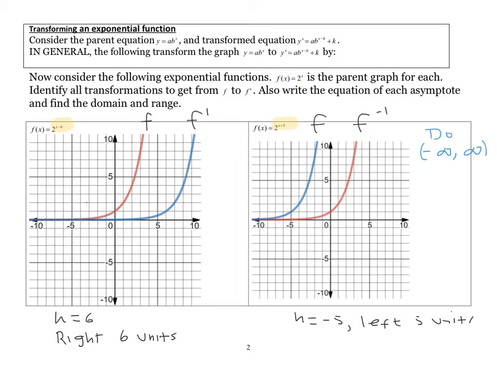And for the range, for both of them, it's going to be from 0 to positive infinity. The equation of the asymptote is the same for both: y = 0, or you could say the x-axis.